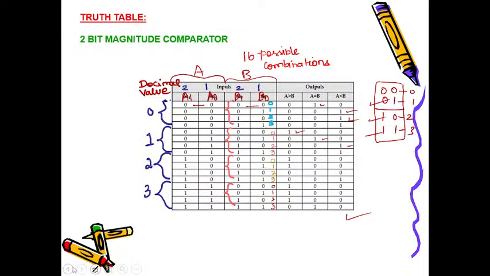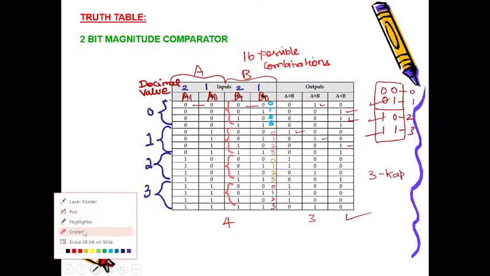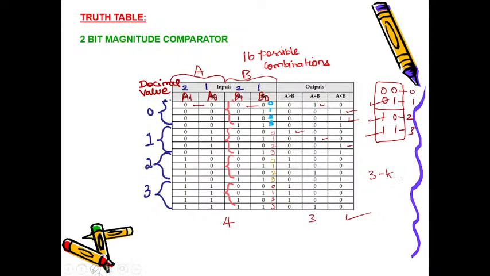So if you have 4 inputs and 3 outputs, you should make use of 3 K-maps, and the structure you should choose is the 4 input variable K-map. So 4 input variable K-maps have to be taken, and you have to plot them.